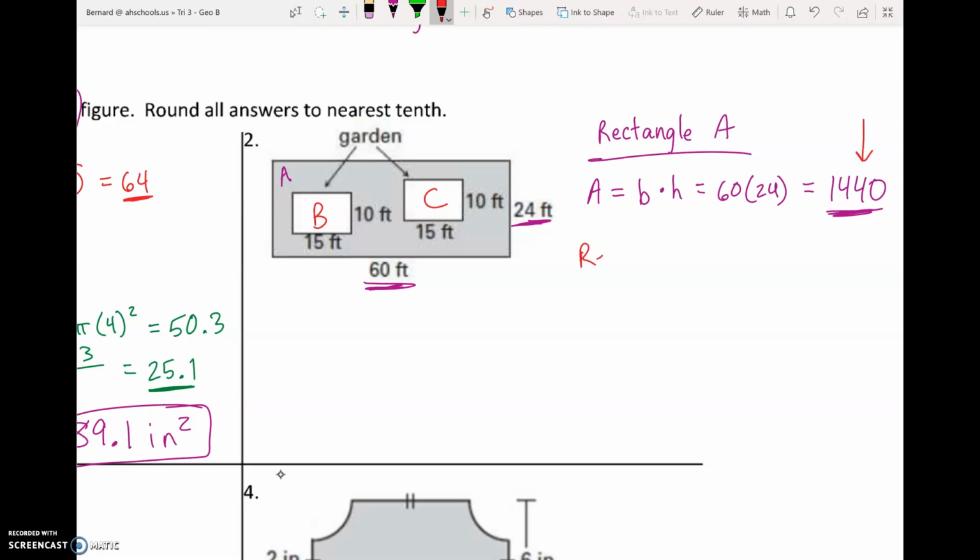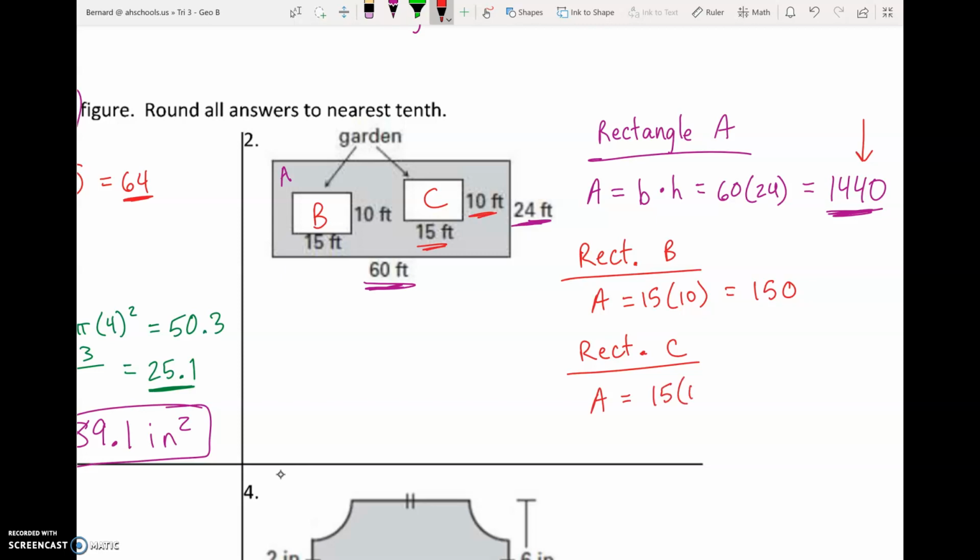And so rectangle B, that's going to be 15 times 10 for the area. And that should be 150. Now you'll notice rectangle C is the same size, 15 base, 10 height, right? So the area is going to be the same, 15 times 10, which is 150. Now, one last time, we're going to get to the total real quick.